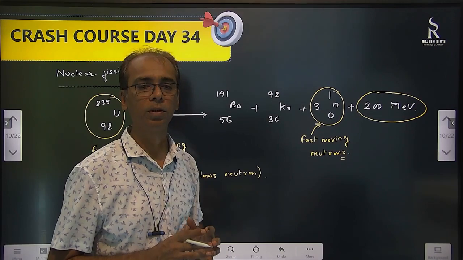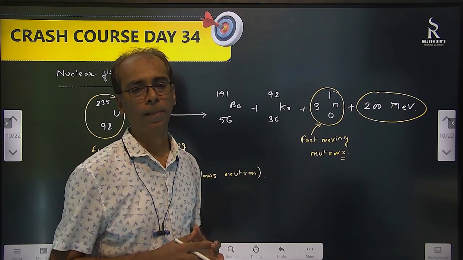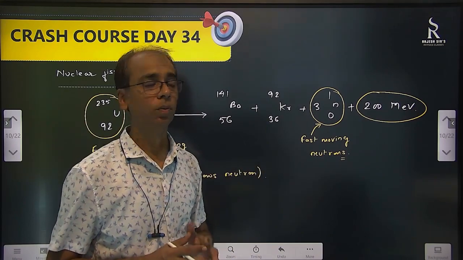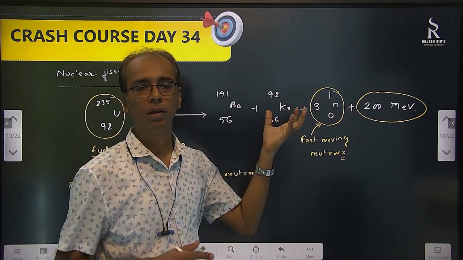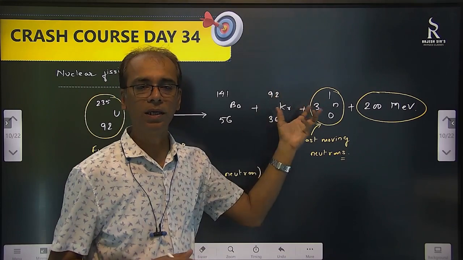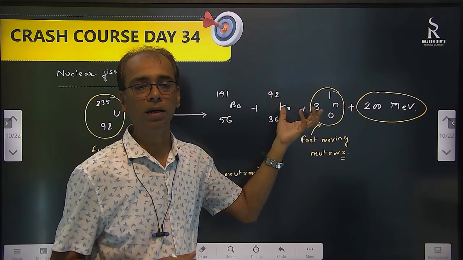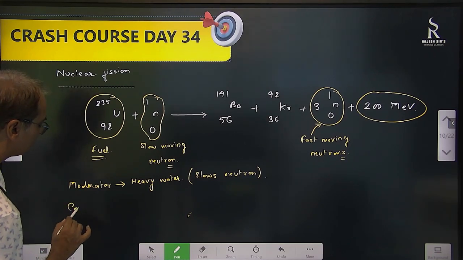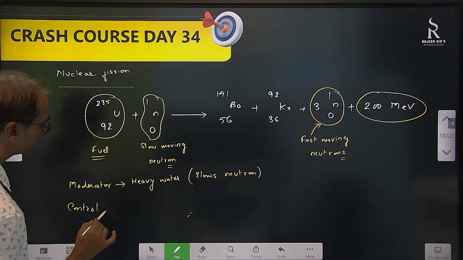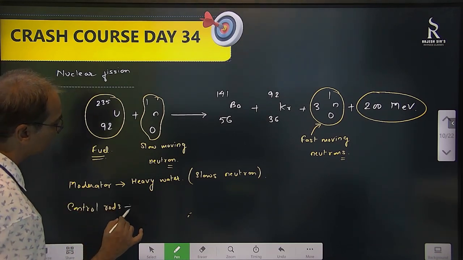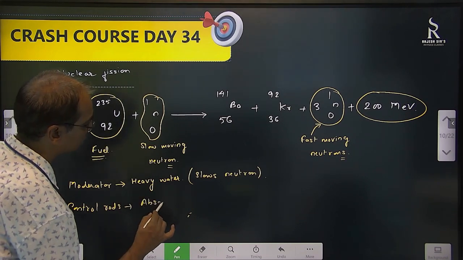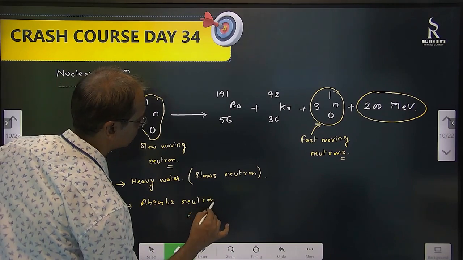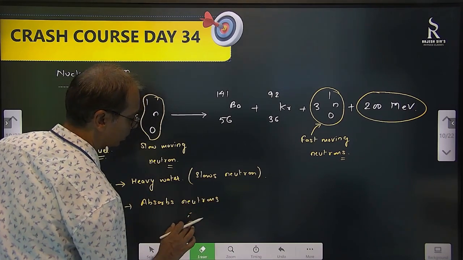So it will become an uncontrolled process like an atom bomb, but we don't want that. So we require certain elements which can absorb them and decrease their presence. For that we use control rods. These absorb the neutrons.